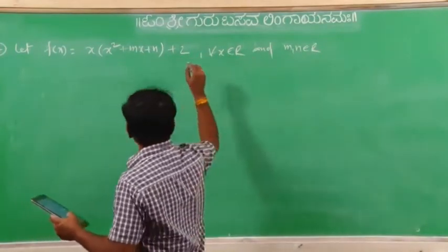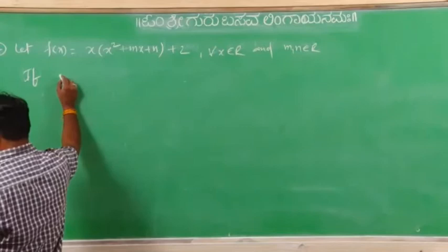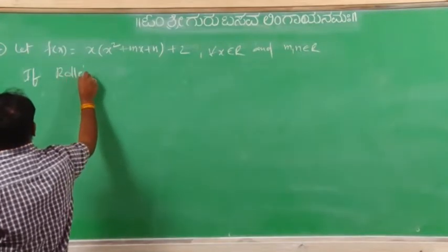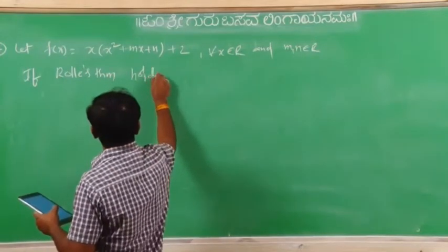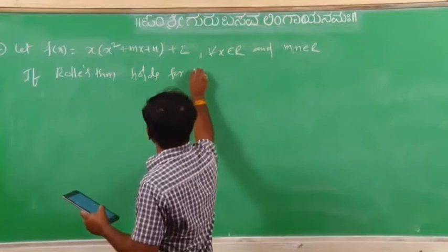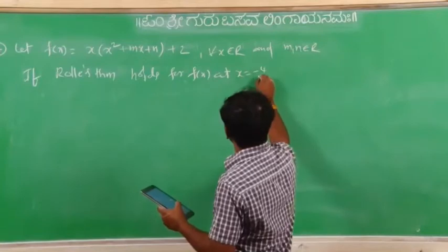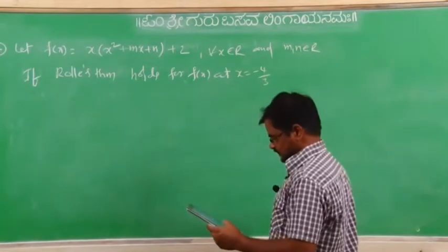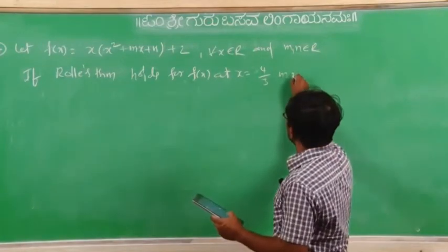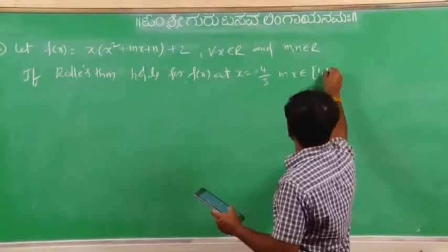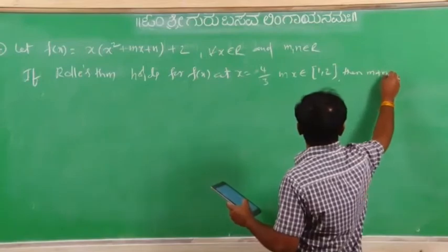If Rolle's theorem holds for f of x at x equal to 4 by 3, x belongs to (1, 2), then they are asking m plus n equal to, this is also an important problem.